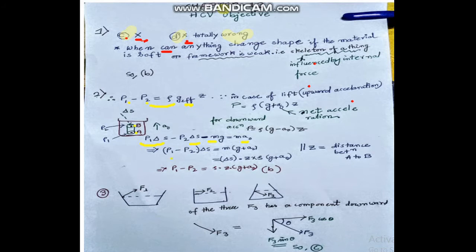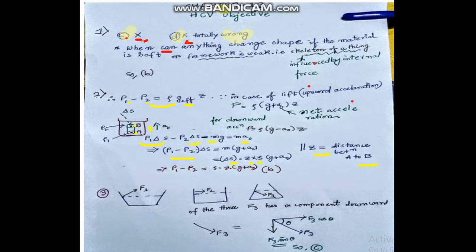So what we have in the next step? P1 minus p2 times del s is equal to m times g plus a naught. So what is m? Del s times z into rho. We all know that mass by volume equals density, so mass equals density times volume, and z is the distance from A to B, this distance.